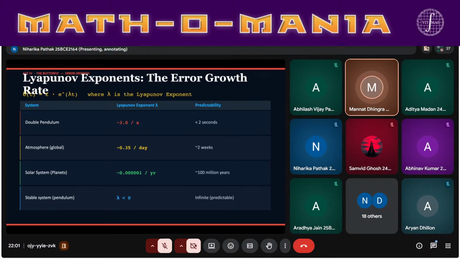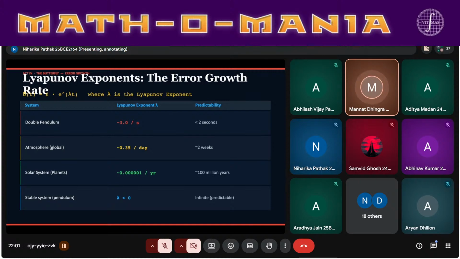Over here, epsilon is the initial error, which I'll be explaining, and lambda is the Lyapunov exponent, or the growth rate. And t is time, as we know. The unit of the Lyapunov exponent lambda is basically second inverse, or day inverse, or year inverse. I'll be telling it in a few minutes. So this is the whole idea.